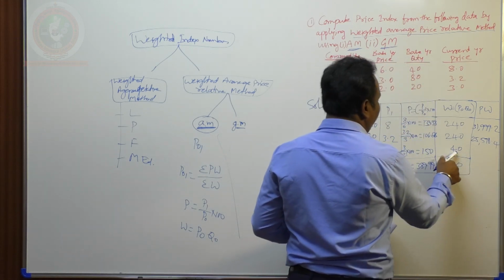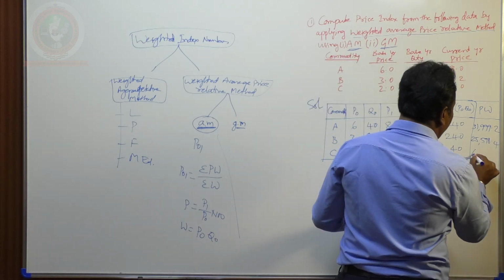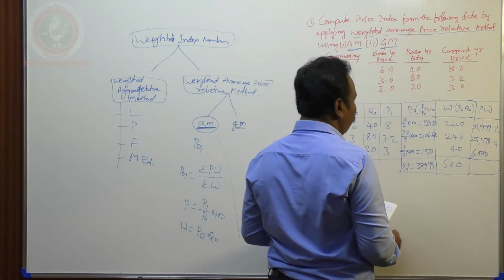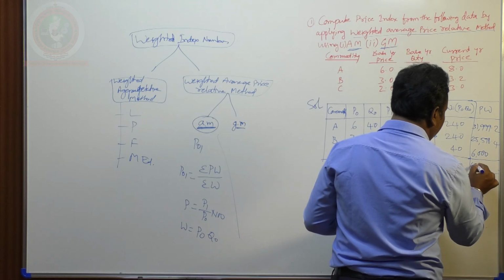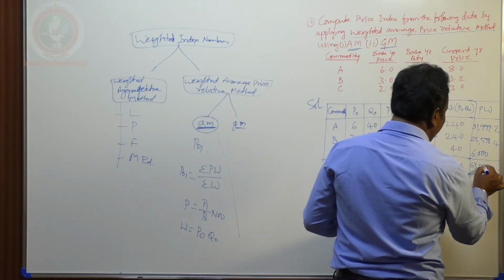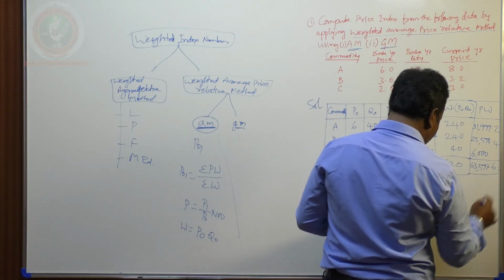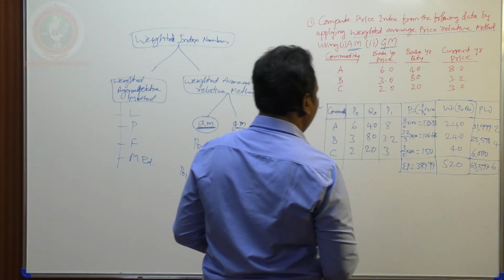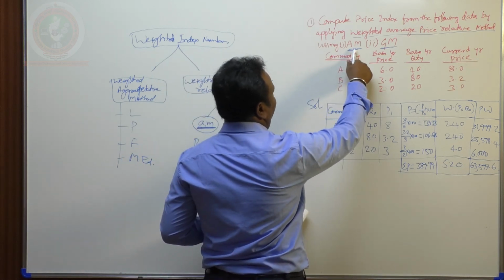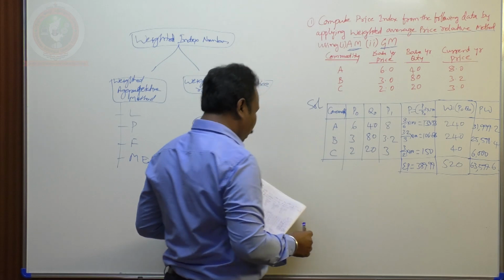Then 150 into 40, so we will get 6,000. So the summation of P into W is 63,597.6. Now calculate the index number on the arithmetic mean basis and the geometric mean basis.